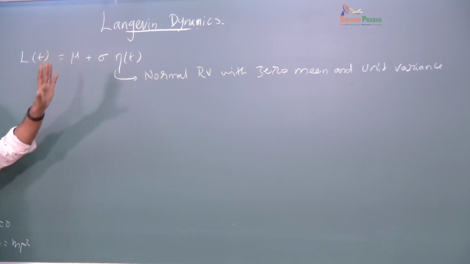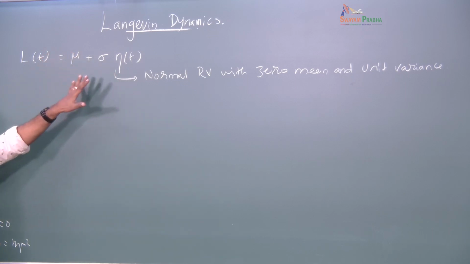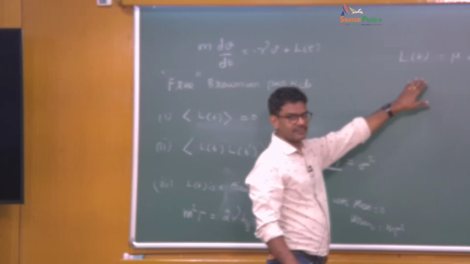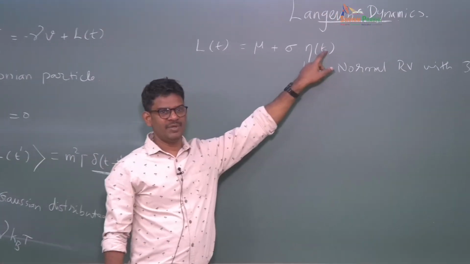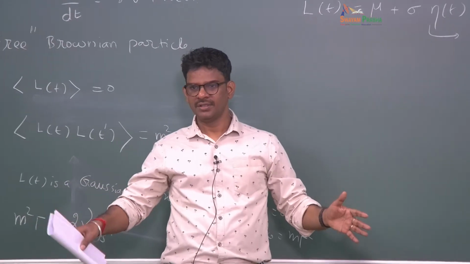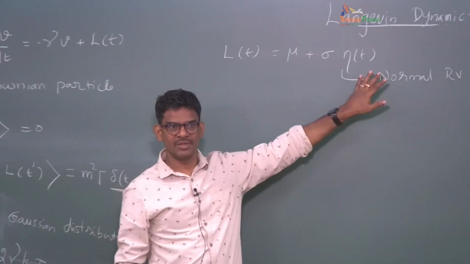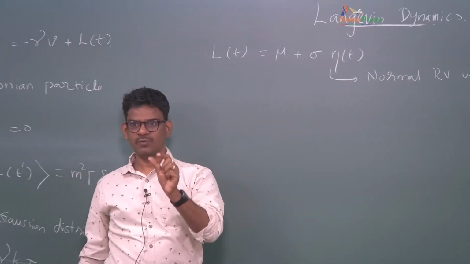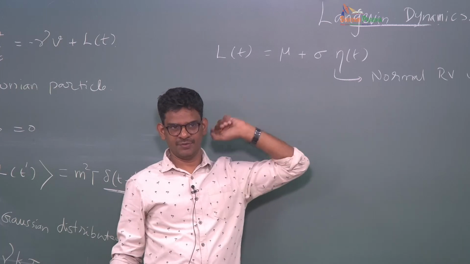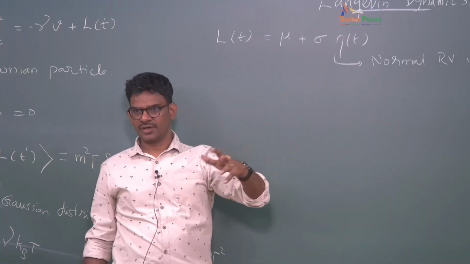In a probability course you must have studied that by using a normal random variate with 0 mean and unit variance, you can write another Gaussian distribution with another mean and another standard deviation through this transformation. This value will range from minus infinity to plus infinity, normally distributed with a variance of 1 and mean of 0. This is something we can generate based on the numerical algorithm we discussed before, the Box-Muller algorithm, the polar method.